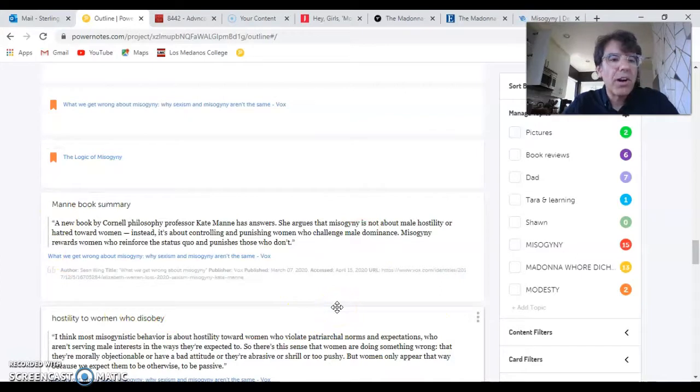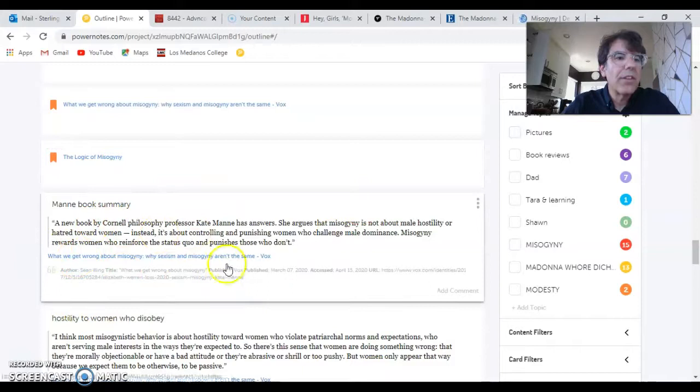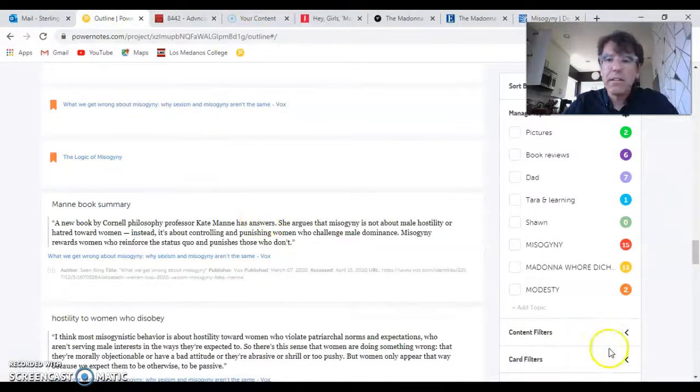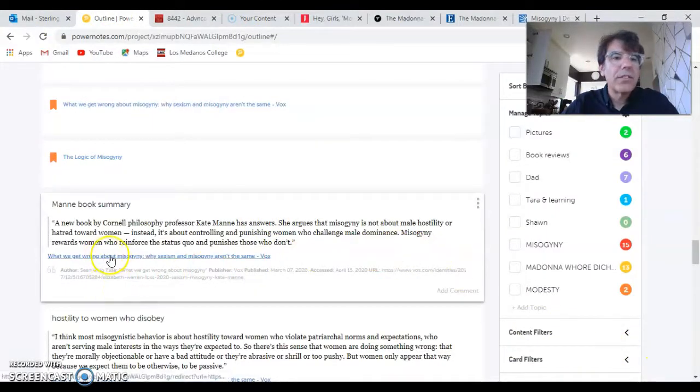However, it gets more complicated after that. So let's look at, there's a recent book by Mann, and let's look at this quote right here.